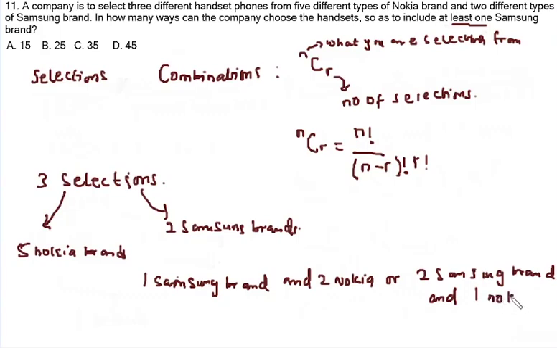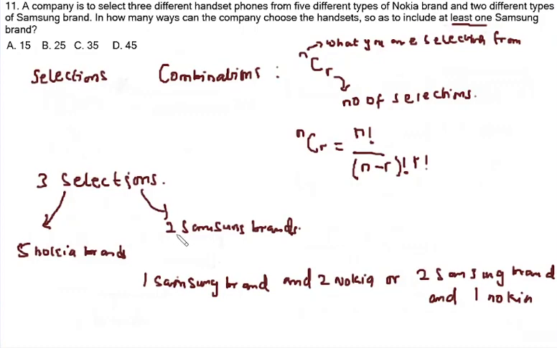Okay, so if you notice, the numbers add up to 3 for the 2 parts: 1 Samsung brand and 2 Nokia, or 2 Samsung brands and 1 Nokia. We cannot pick 0 Samsung brands because the question literally requires us to pick at least one Samsung brand, and we cannot pick 3 Samsung brands because we are limited by the number of Samsung brands that we can choose.